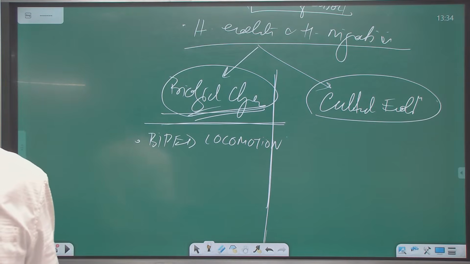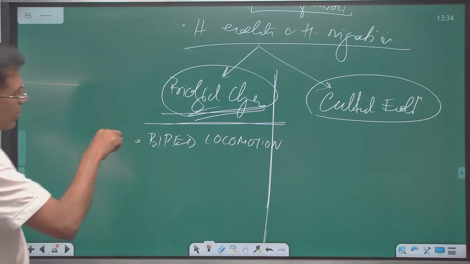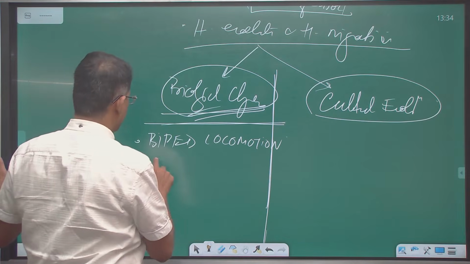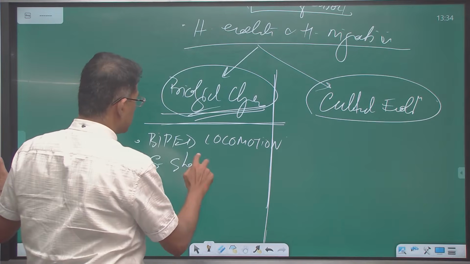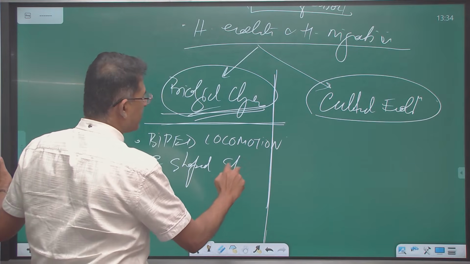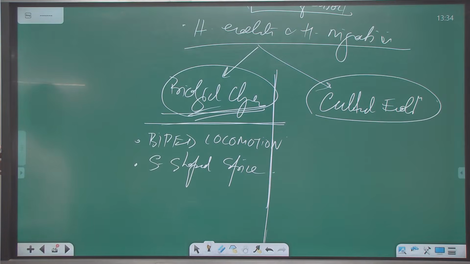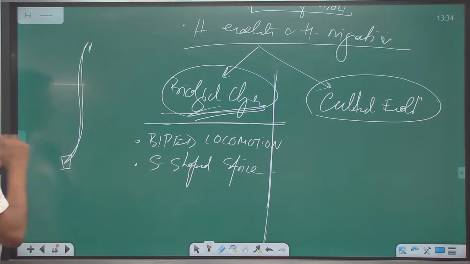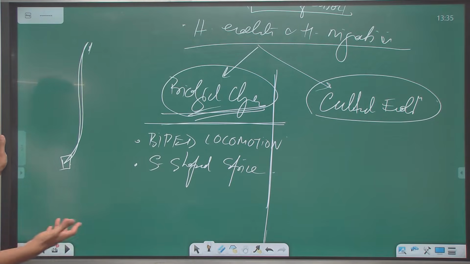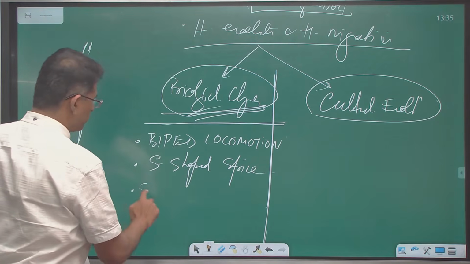Biped locomotion happens with an S-shaped spine. It gives me balance. Our spinal cord is not straight. ऐसे है spinal cord. The neck, the lower spinal cord is the S-shaped spine. It helps me balance.